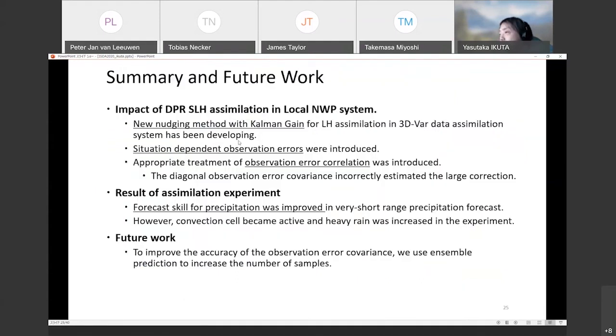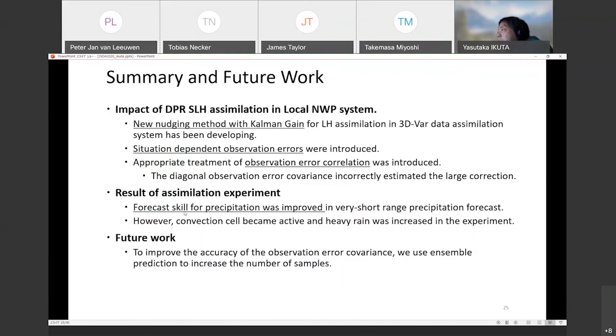This is the summary. The latent heat nudging method with Kalman gain has been developed. The situation-dependent observation error was introduced, and appropriate treatment of observation error correlation was introduced. The diagonal observation error covariance incorrectly estimates the large correlations.